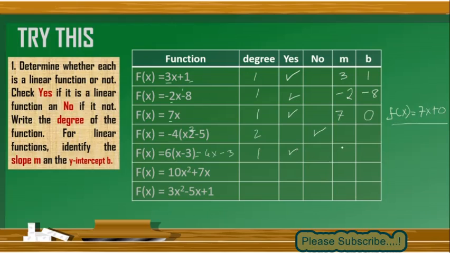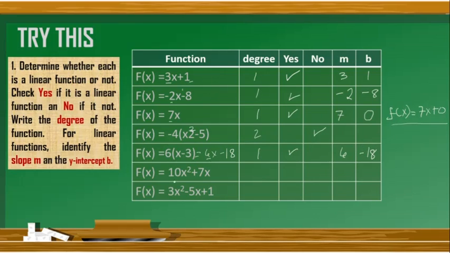Our slope is 6. This is referring to this one. No, this is 18. Sorry, this is 18. When you multiply 6 times 3, that is negative 18. So meaning to say, our slope now is negative 18.